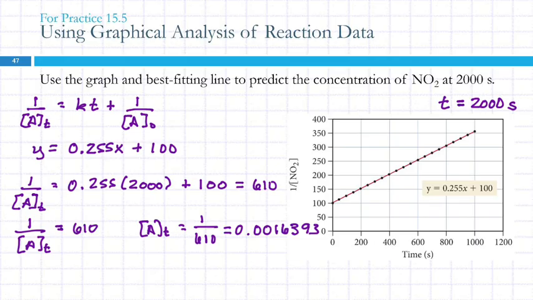So the algebra on that one is not as tricky, no logarithms, but you do end up with this 1 over what I want is equal to a number, and my experience has been that messes up a lot of students. So let's try doing this one on the calculator as well. I'm going to say, well, 1 over x is equal to 0.255 times 2,000 plus 100.